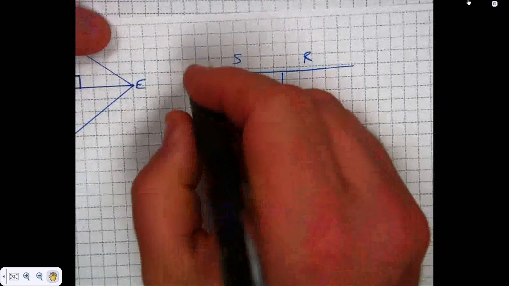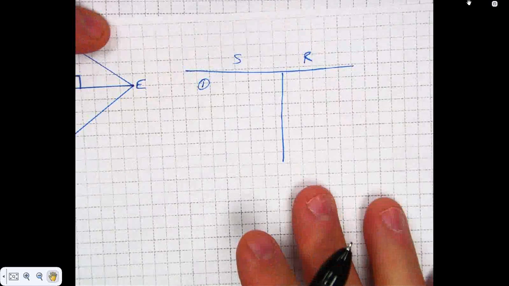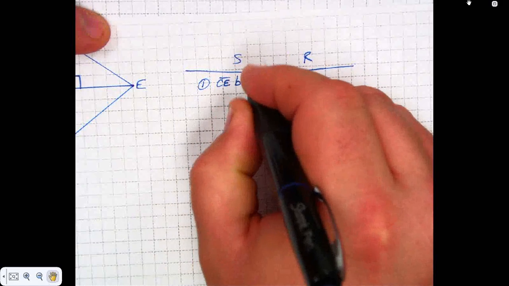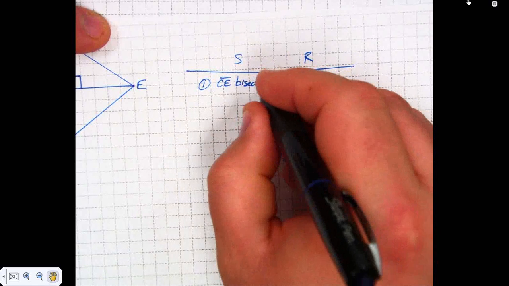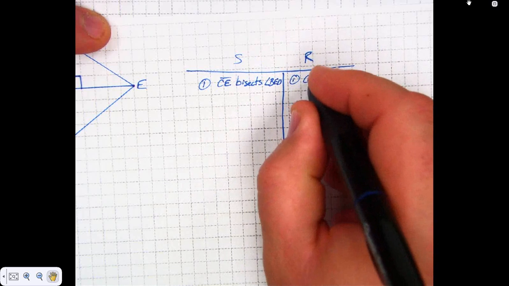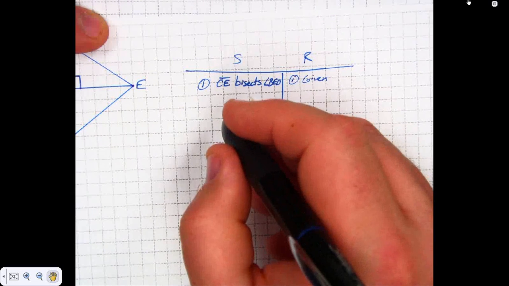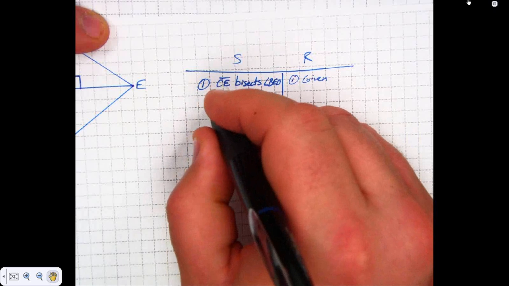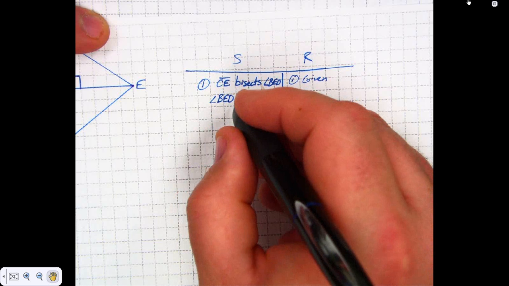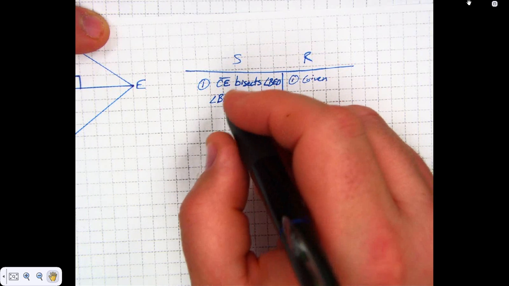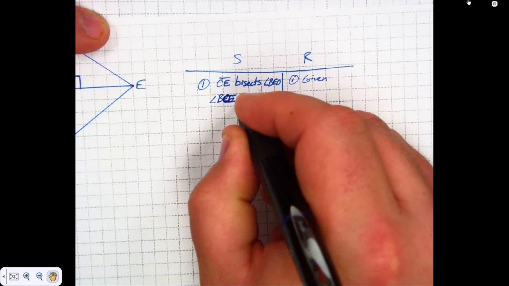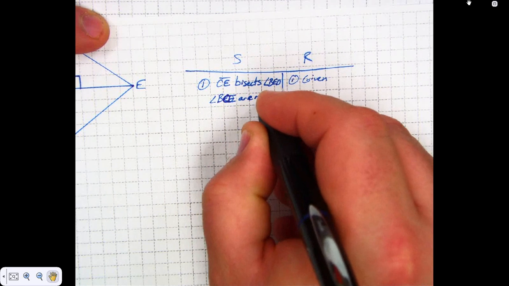Okay, let's see what is given to us. It is given to us that CE bisects angle BED. That's given. It is also given to us that angle BED, or no, I'm sorry, angle BCE are right angles.